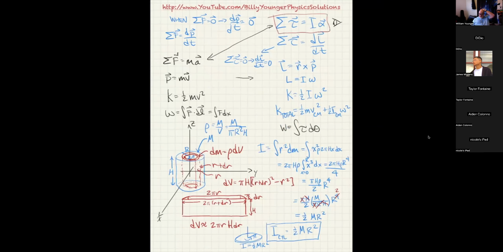In order for that equation to be true, you have to have a fixed axis of rotation. So that's one criterion. If the axis of rotation is fixed, not moving, and goes right through the center of mass, for instance, then this equation applies.